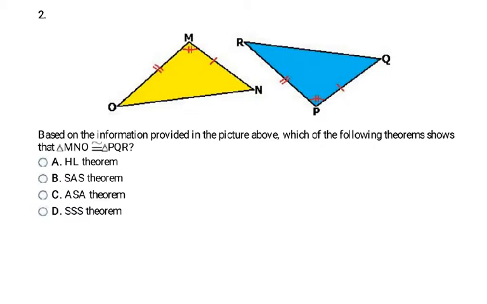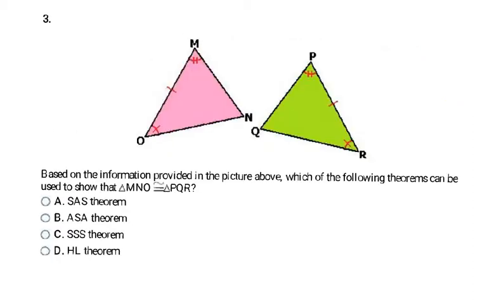So that means my theorem name is going to have two S's and an A in it. The only one that has that criteria is B. And B says side, angle, side. So the angle is between the two sides, which it is here. So I know B is the answer.